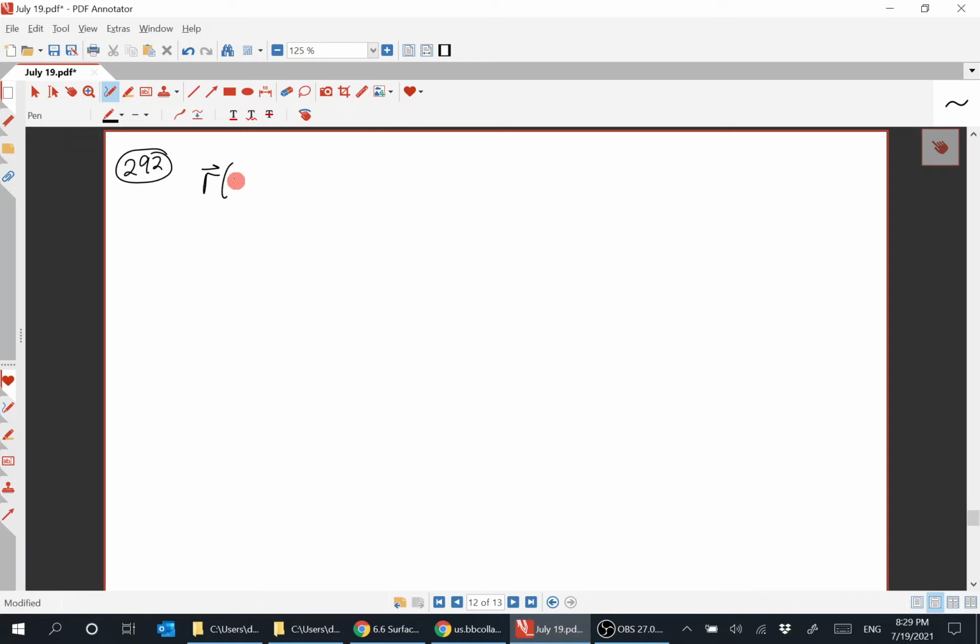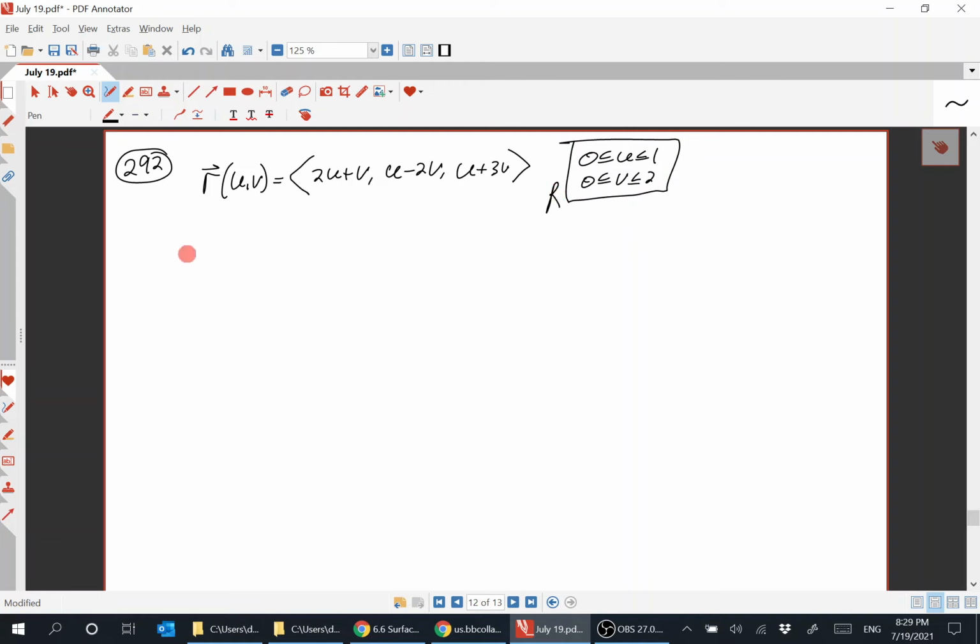So you've got r of u, v is 2u plus v, u minus 2v, u plus 3v, with 0 less than or equal to u less than or equal to 1, 0 less than or equal to v less than or equal to 2.